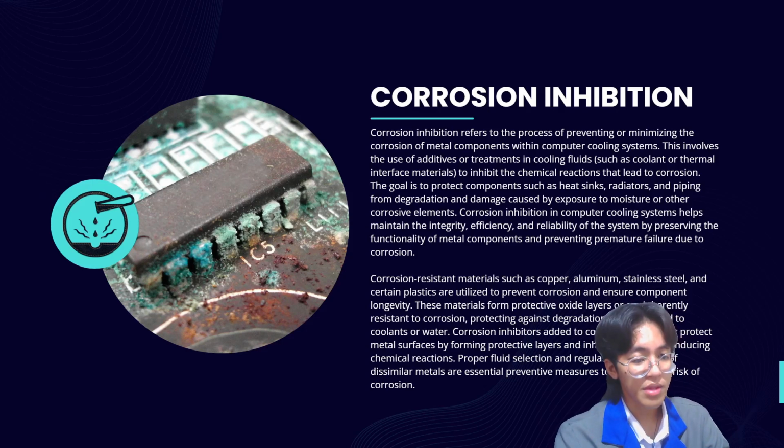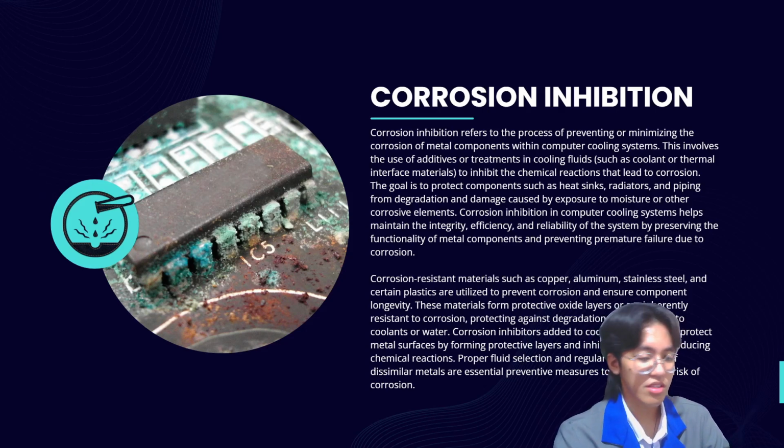The goal is to protect components such as heat sinks, radiators, and piping from degradation and corrosion. Corrosion inhibition in computer cooling systems helps maintain the integrity, efficiency, and reliability of the system by preserving the functionality of metal components and preventing premature failure due to corrosion.